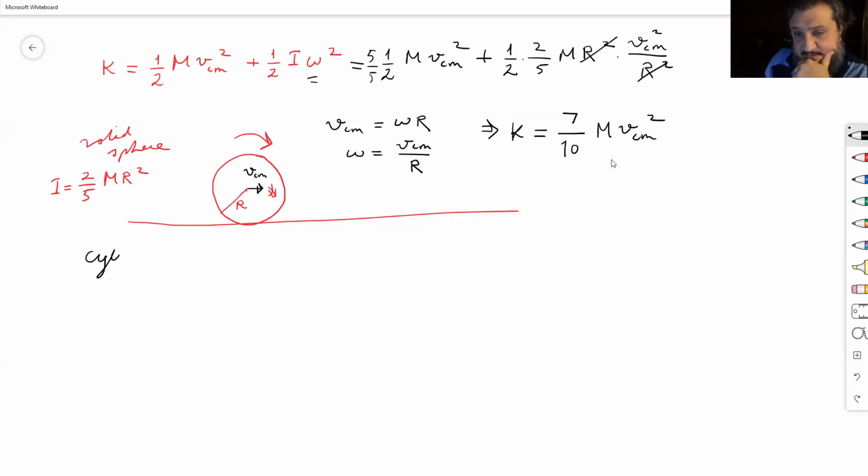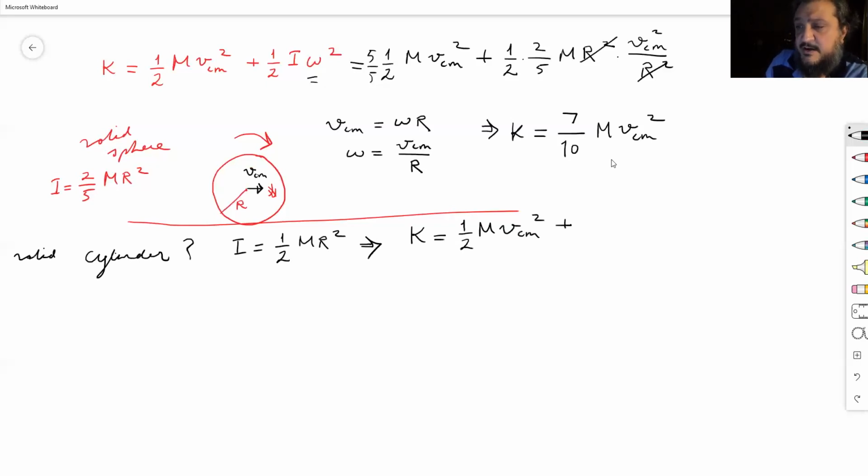All right. If this was a cylinder, it would be a different story. A solid cylinder has a moment of inertia of 1/2 m r squared. Then the kinetic energy would be 1/2 m v_cm squared for the first term, the same. But now plug in the moment of inertia, which is 1/2 m r squared times v_cm squared over r squared.